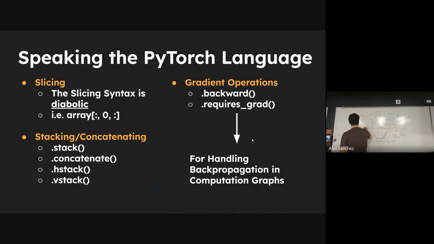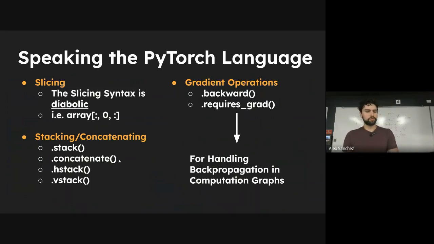We kept these and we just wanted the first index of the sequence. So we did this little operation here to be able to get the CLS token. This is the same kind of slicing syntax. You have to know the dimensionality of your tensors.